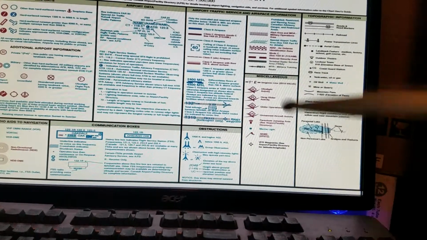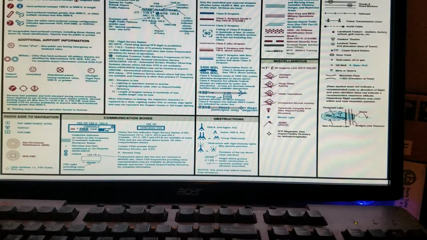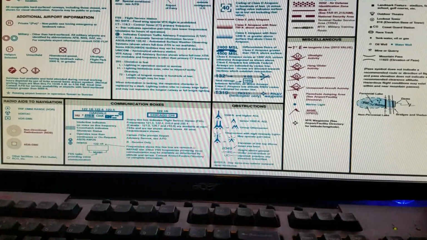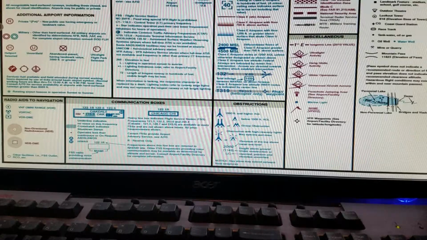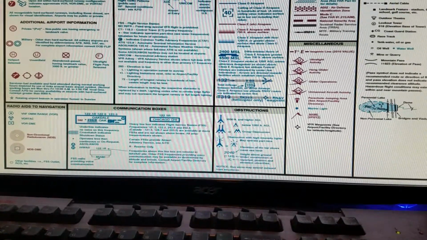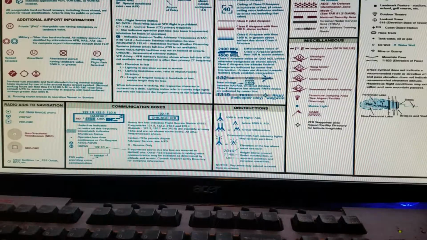And then you have a UC also. If it is under construction, you will have the marking of UC, and there are a few other things on the airport side, very easy to figure out. Once you look at them and try to remember, you would be able to remember all the marks in the airports. Some of them may not relate to us at all, but it's good to know.